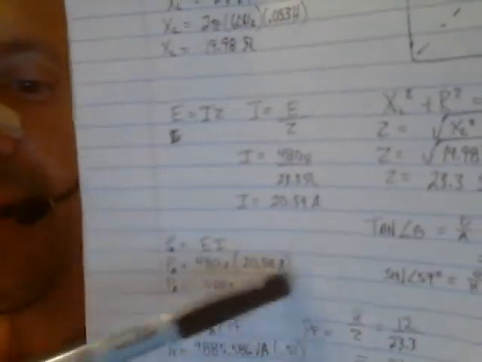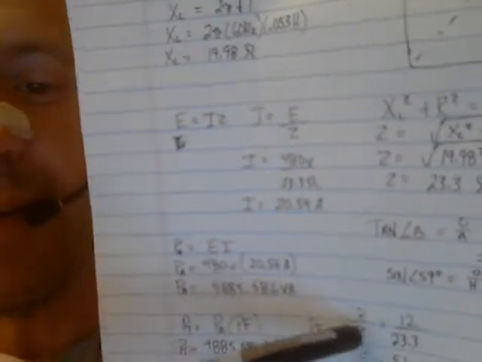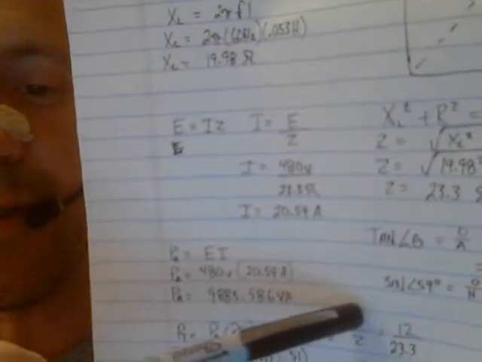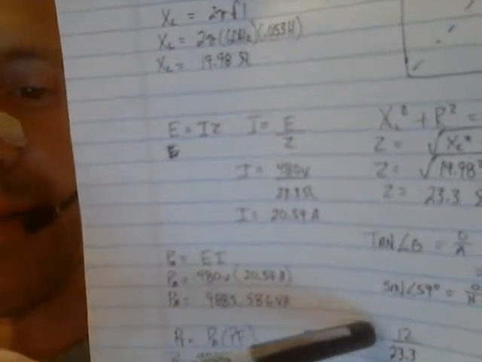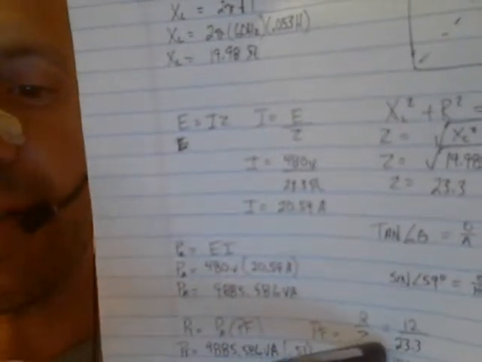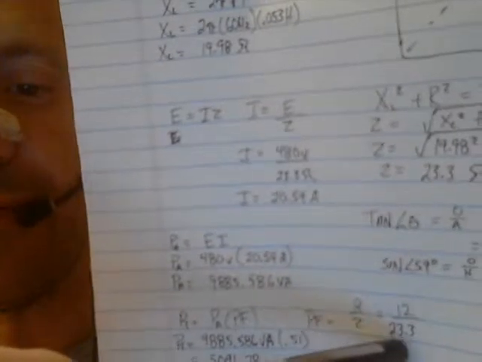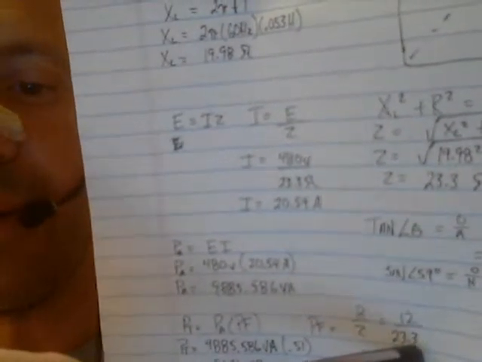Only the power that runs through the resistor is dissipated or wasted as heat. To find that, we're going to have to find a ratio here, which is referred to as the power factor. There are several different ways to find the power factor for a circuit, but one easy way is just to divide your resistance by the total impedance. Well, our total opposition to current flow was this 23.3 ohms.